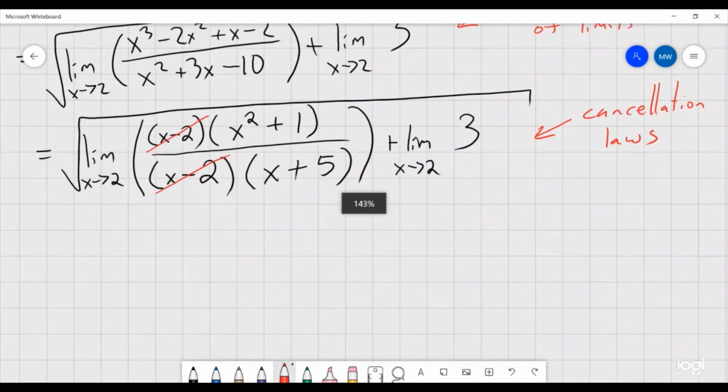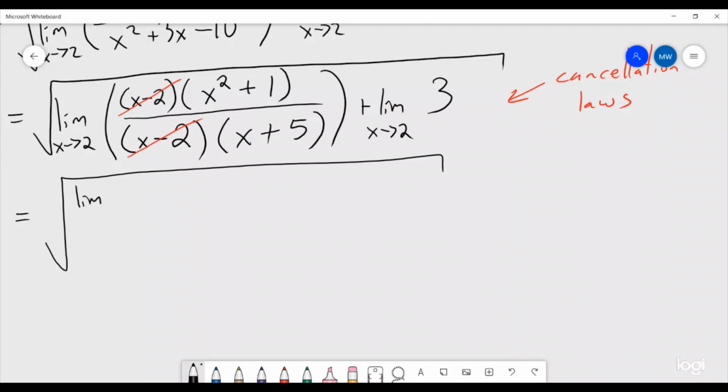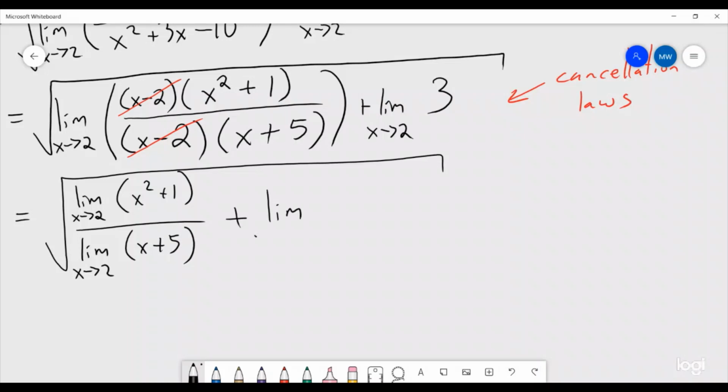So the next thing we can do is we now have division where the denominator is not 0. So this is equal to the square root of the limit of the top, x goes to 2 of x squared plus 1, divided by the limit of the bottom, x goes to 2 of x plus 5, plus the limit as x goes to 2 of 3, and this is now where we're able to plug in.